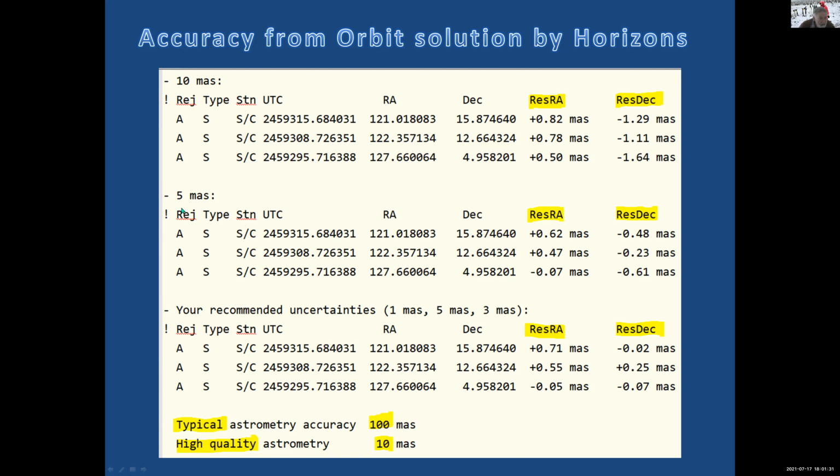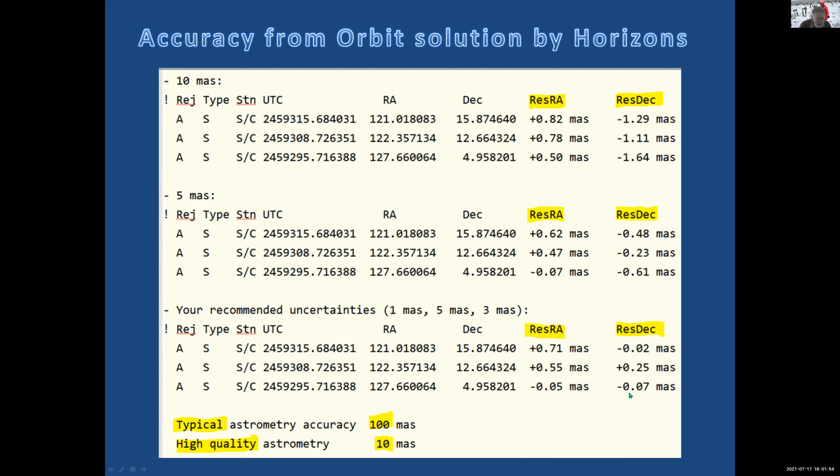Then he reduced the uncertainty to 5 milliarc seconds, and particularly the declination, but they're all fairly consistent and quite small. And for the final one, he used our recommended uncertainties, 1, 5, and 3. And you can see the type of residuals we're getting there, which is quite small.